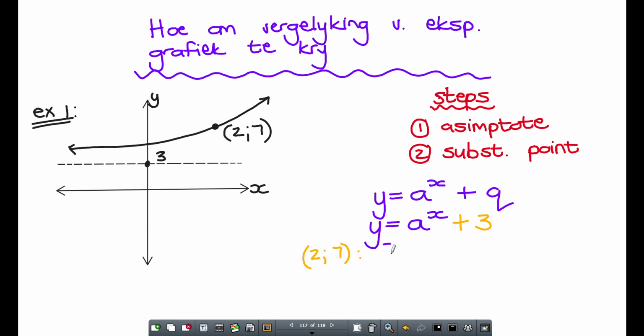Which means I'm going to have 7 is equal to a to the power of 2 plus 3. So a to the power of 2, if I take the 3 over, becomes minus 3, so it is 4.